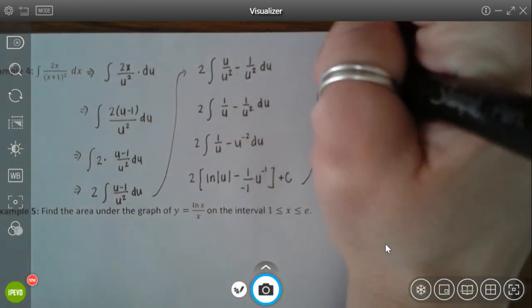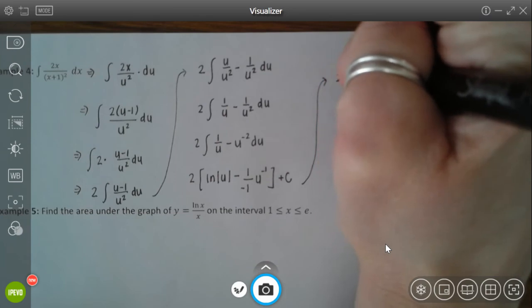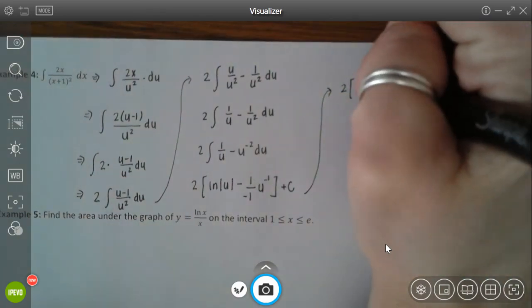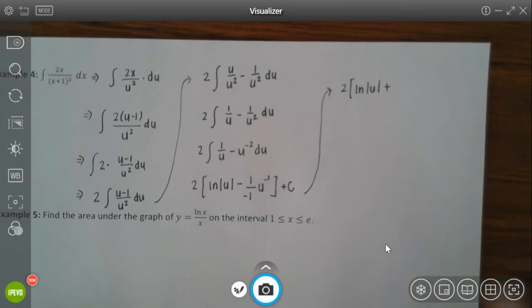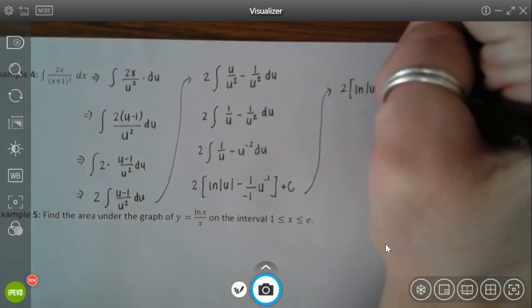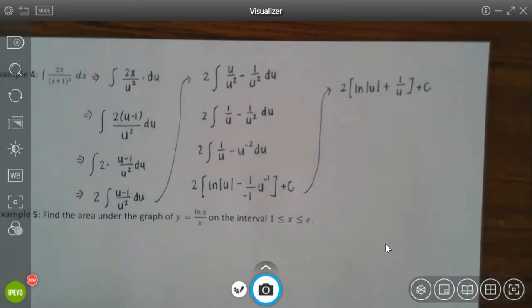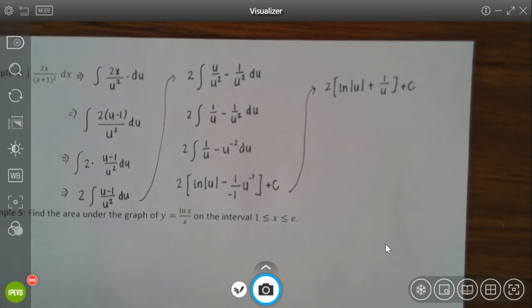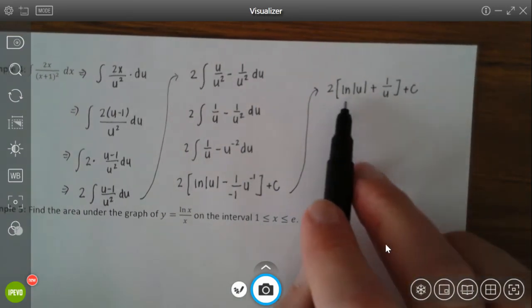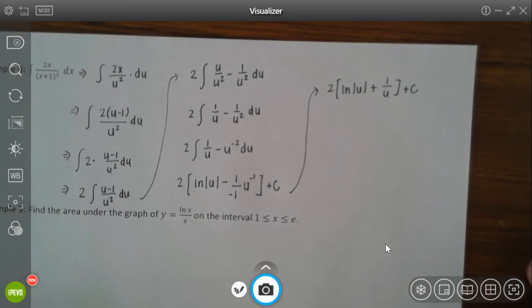I'll clean that up a little bit. So it's going to be 2 times ln of the absolute value of u. That's going to become a plus, and then that u is going to drop down into the denominator, so 1 over u. Then all I would have to do is substitute back in what my u is.